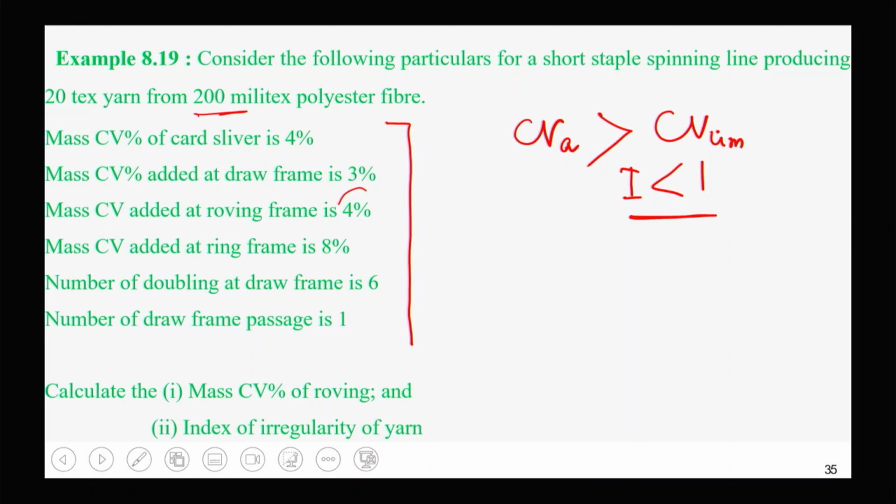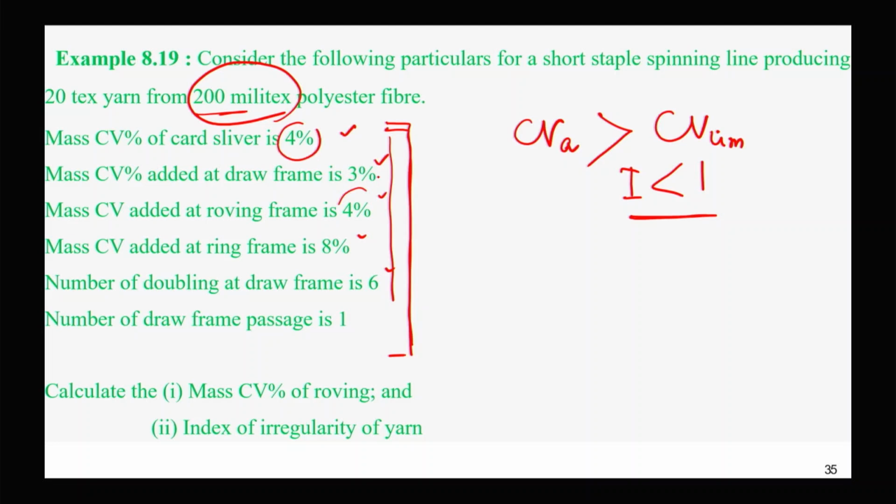Either one particular piece of data will be missing, or wrong data will be there. So let us see which could be the wrong data. If we consider the addition at each stage to be constant, because our experience says the card adds 4%, draw frame adds 3%, roving frame adds 4%, ring frame adds 6%.